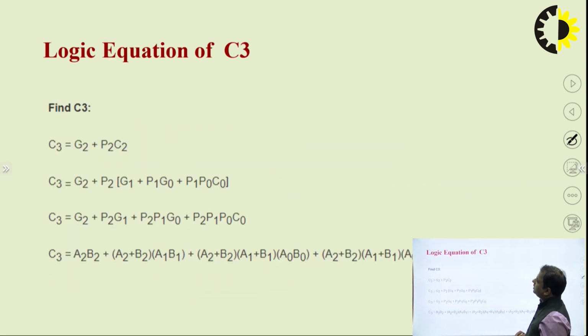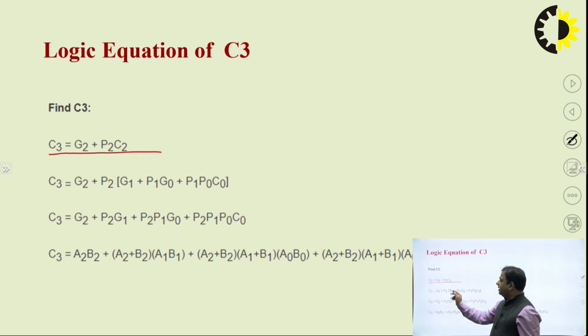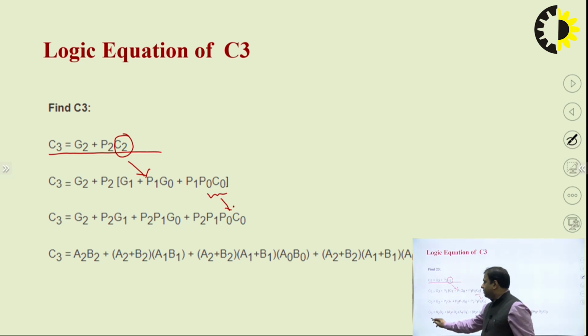Next we move to the logic equation of C3. Again write C3 equals G2 plus P2 C2 with the help of the general equation, put the value of C2 here, then put the value of C0 and derive the equation for C3 simply by multiplication and addition.